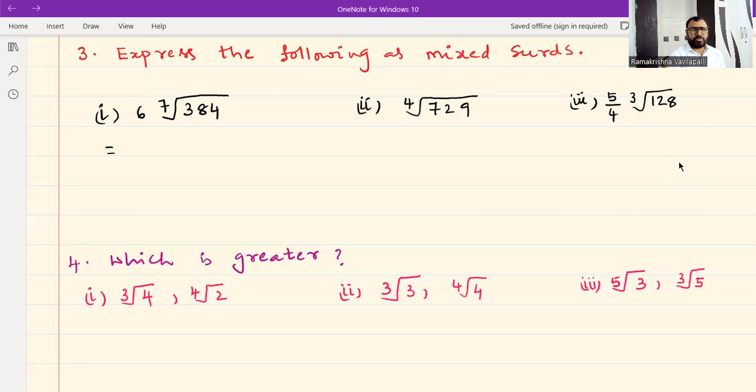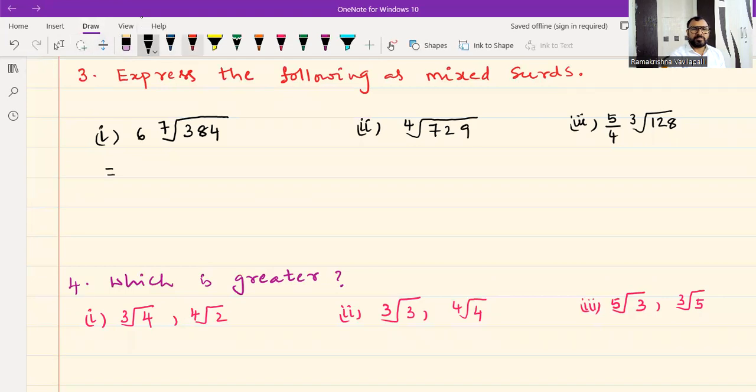This is equal to 6 into, I can write this as 7th root of, or this 384 I can write 128 into, this, I can, 384 is 128 into 3.